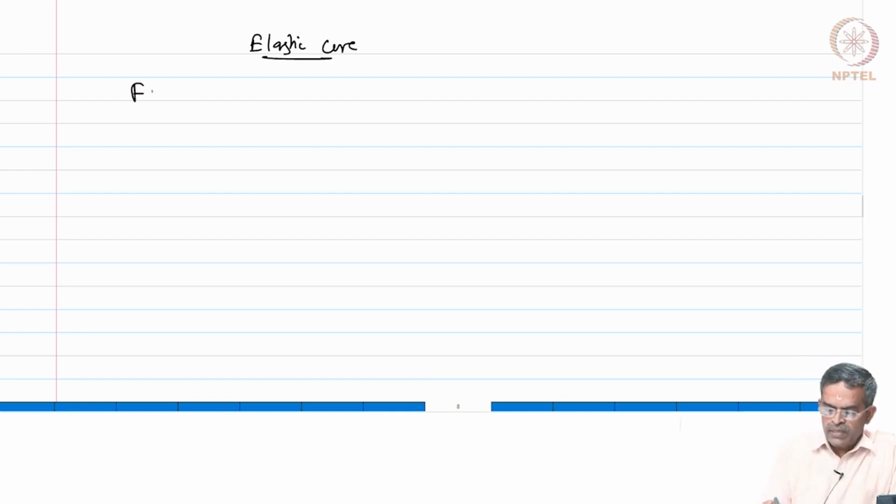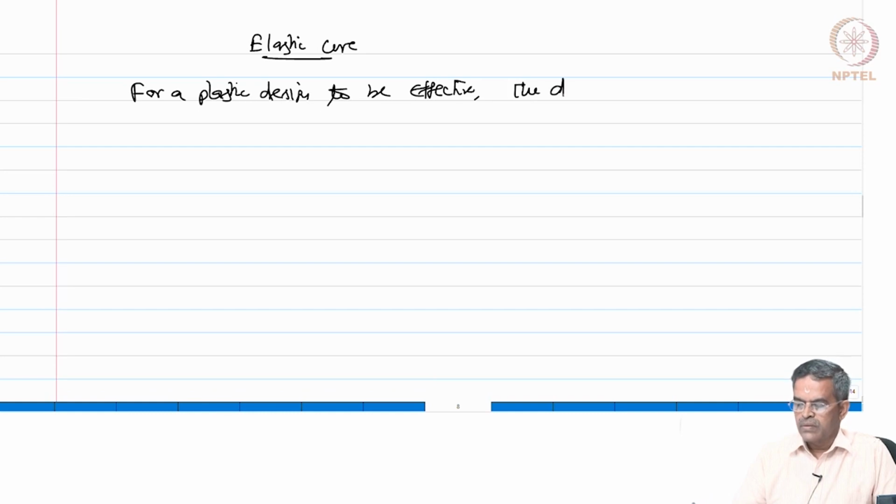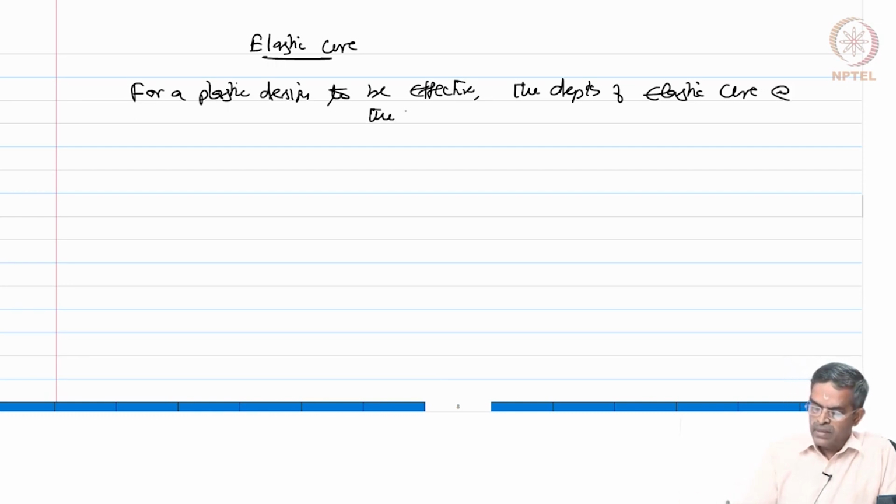So, for a plastic design to be effective, the depth of elastic core at the critical section should be 0, is it not?